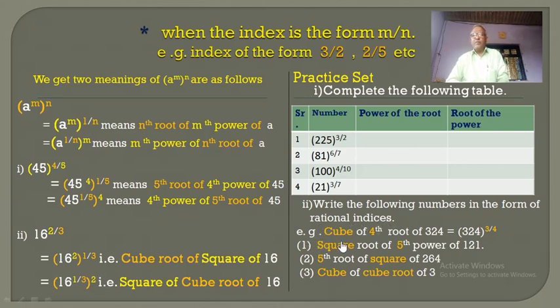For example, cube of fourth root of 324 is equal to (324) raised to 3 upon 4. Observe this solved example again and again and solve the following sub questions and write them in your notebook.